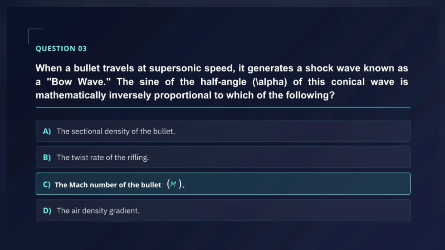The correct answer is C, the Mach number of the bullet. This relies on the Mach cone physics formula: sin alpha is equal to 1 by M. It tells us that as a projectile travels faster above the speed of sound, the Mach number increases and it causes the shock wave cone to become narrower and sharper.